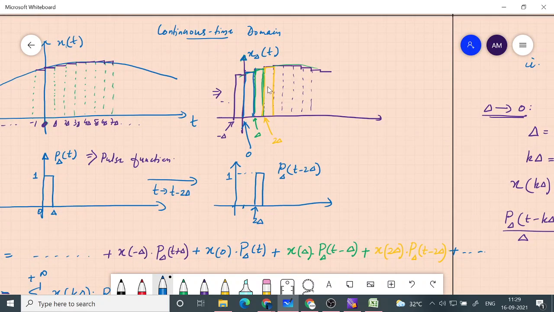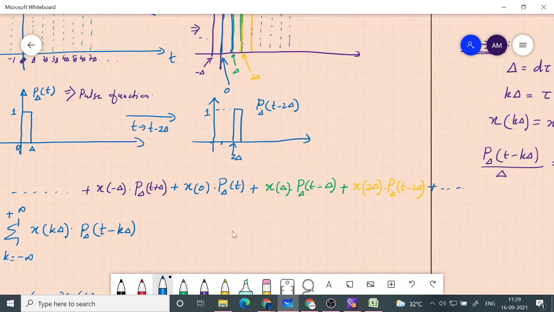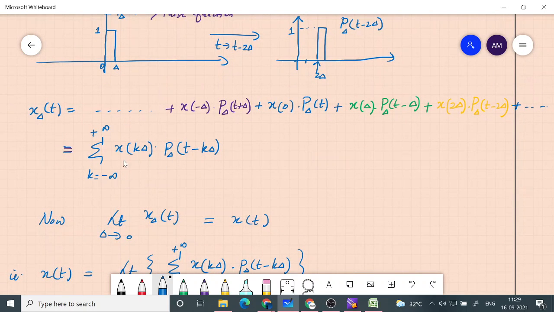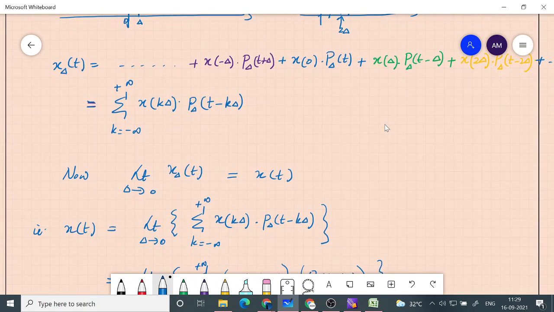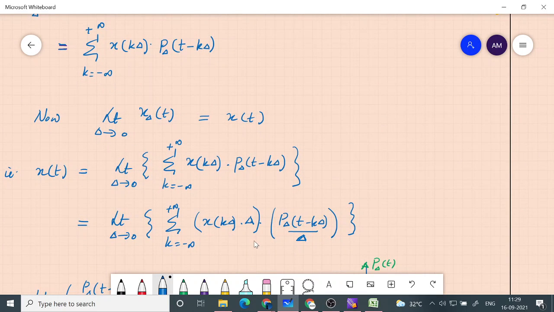We first approximated it with a step function, a staircase kind of approximation, and then in the limit as delta goes to 0, we claim that the approximation becomes exact. Then we did some algebraic manipulation in order to bring our impulse function into the scene. It's a pulse function. If you divide it by delta, it is an impulse function in the limit delta goes to 0.